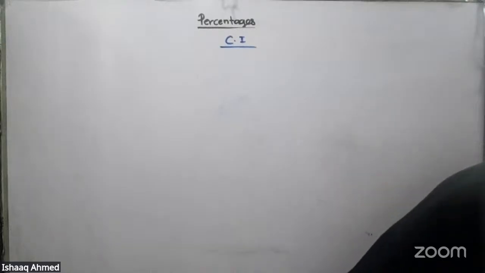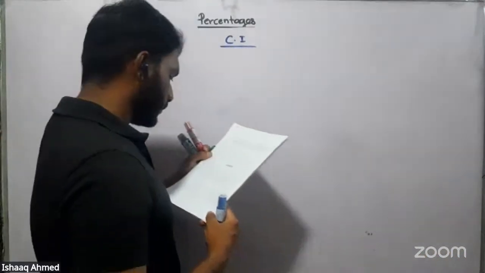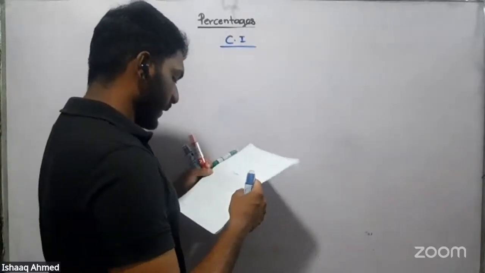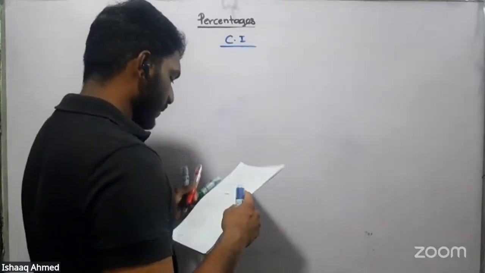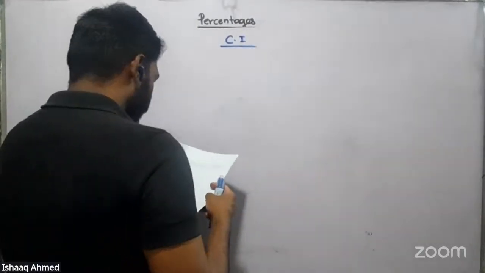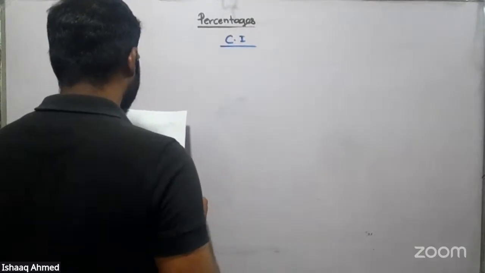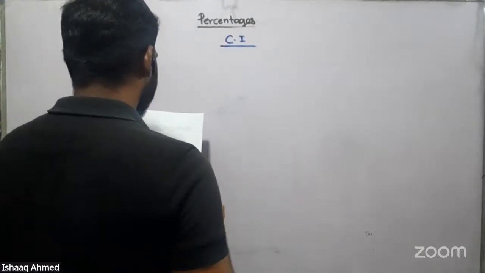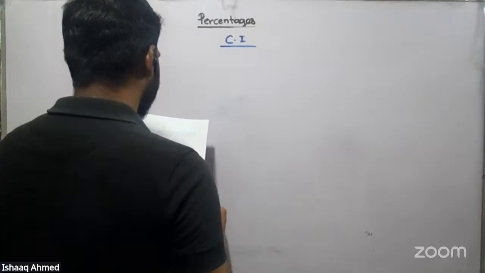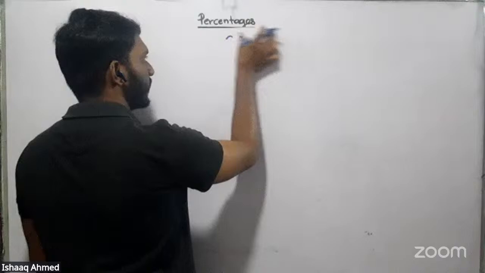Right, turn to page 12. Right, nice question. Amal takes a loan of 50,000 rupees from a bank for 2 years at an annual simple interest of 12%. So now it's simple interest.